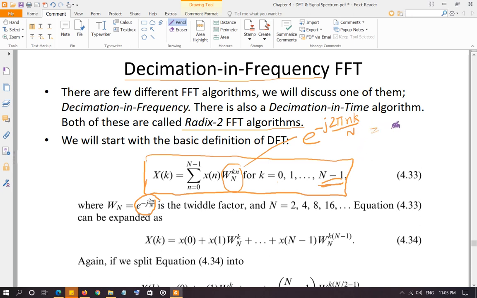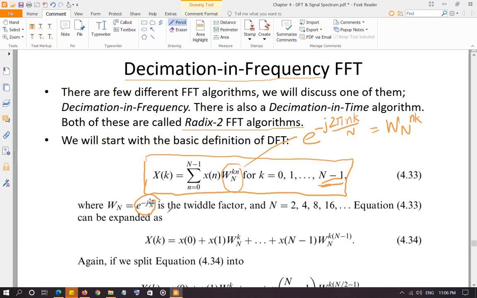And out of that, the twiddle factor is e to the power negative j 2 pi over N. Why? Because this is constant. As long as you are not changing the input number of samples, capital N is constant. However, when you're taking the summation, your lowercase n will be changing, and of course which spectral content you are calculating, that k is going to be a variable as well from 0 to N minus 1.